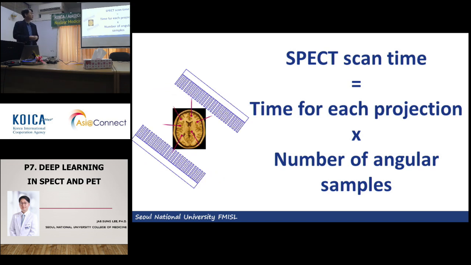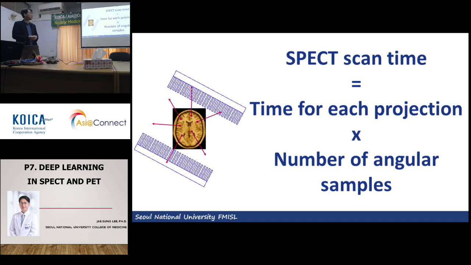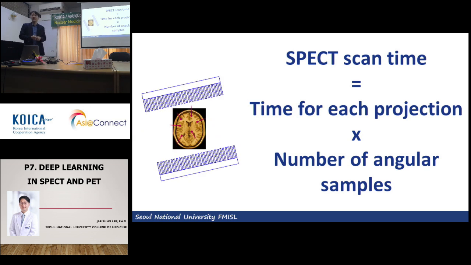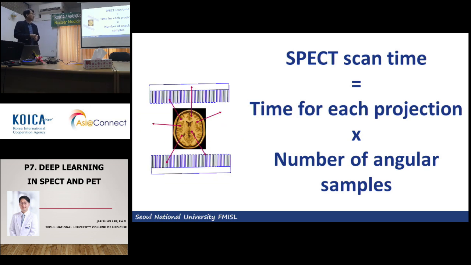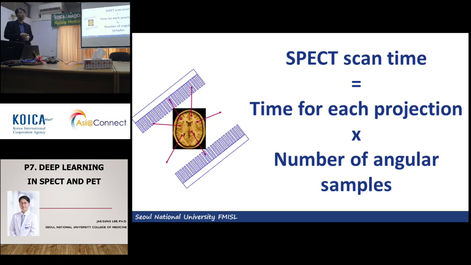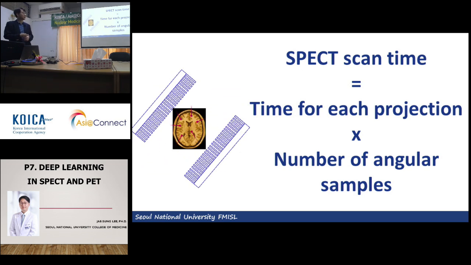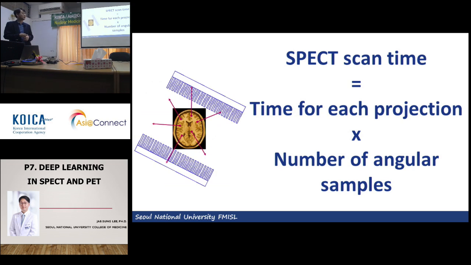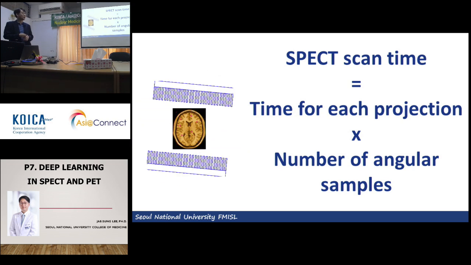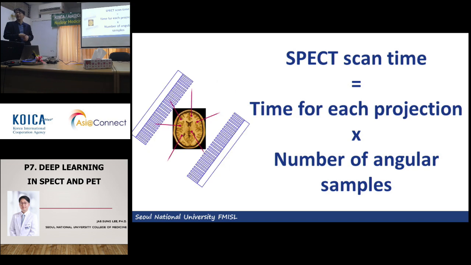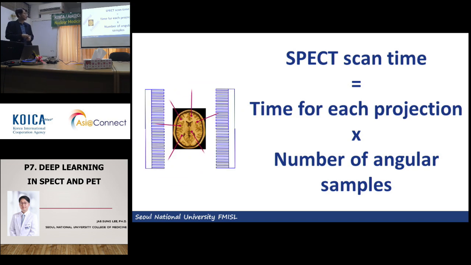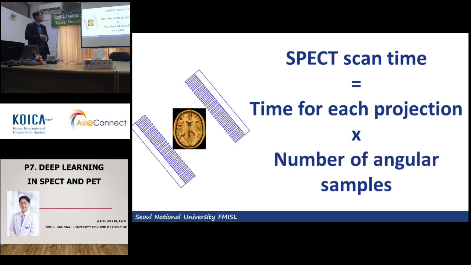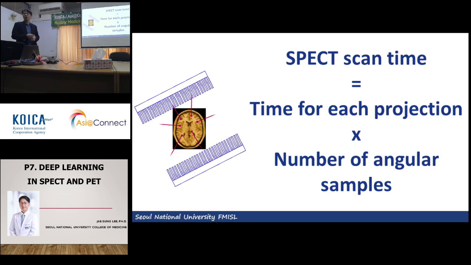We can reduce SPECT scan time in two ways: by reducing the time for each projection, or by reducing the number of angular samples. Deep learning is quite useful for both ways.